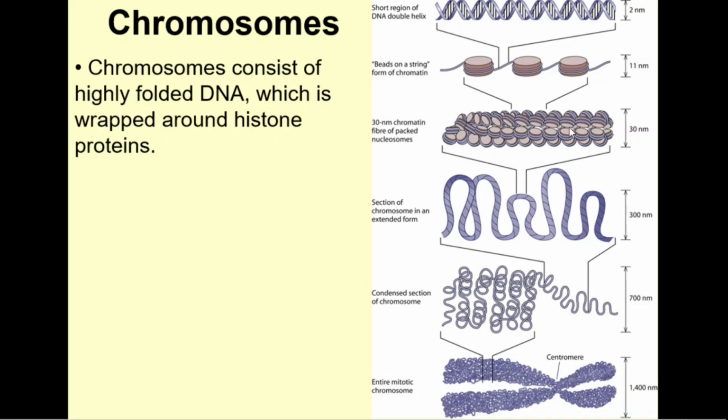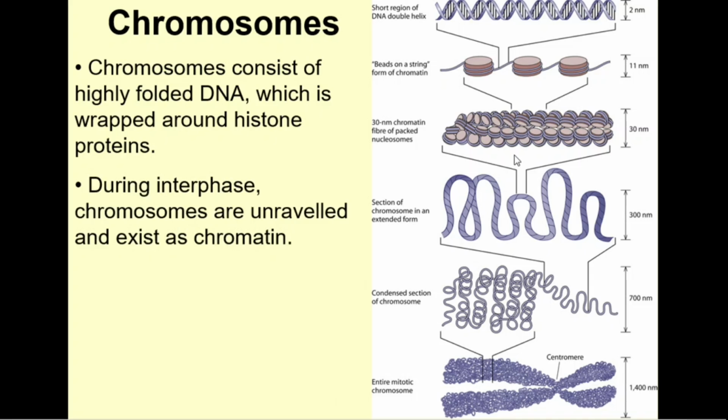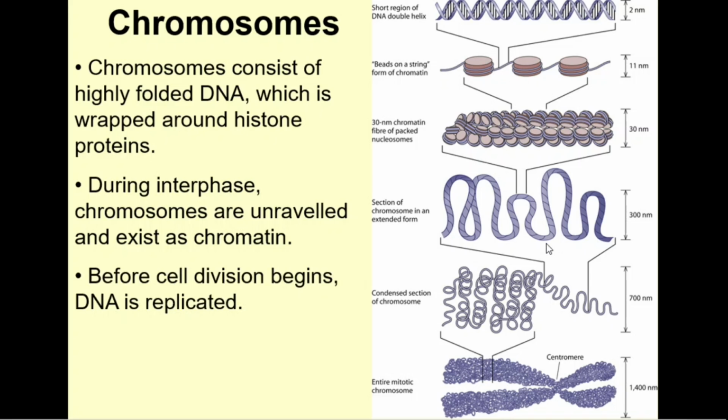You can see the different stages of that as we work down through this diagram. During interphase, chromosomes are unraveled and exist as chromatin. So we can see the chromatin in these 2 parts of the diagram here. But before the cell begins to divide, as we know, we go through DNA replication during the S stage of interphase. And then we go through G2, and then we start moving towards mitosis.